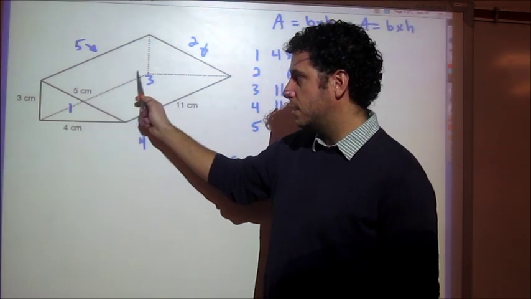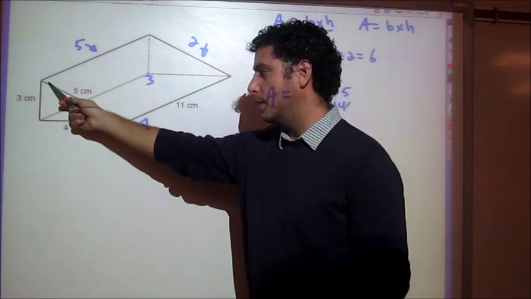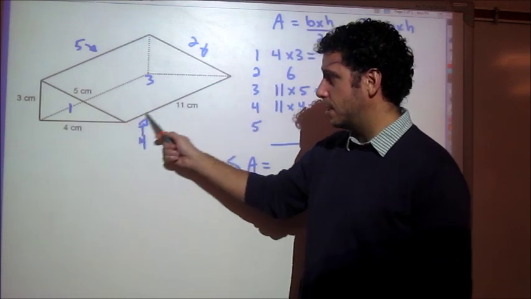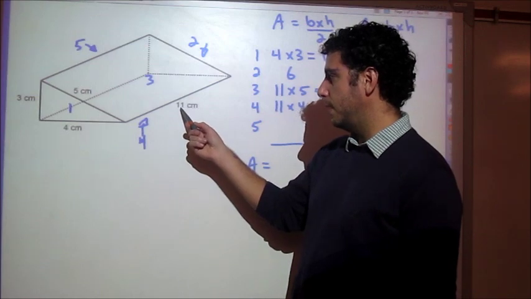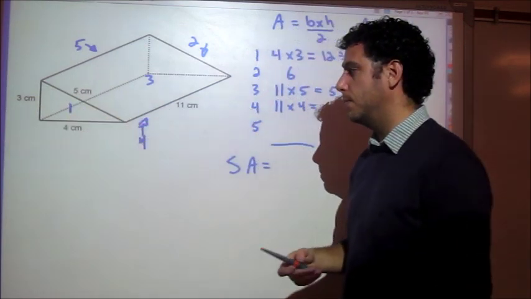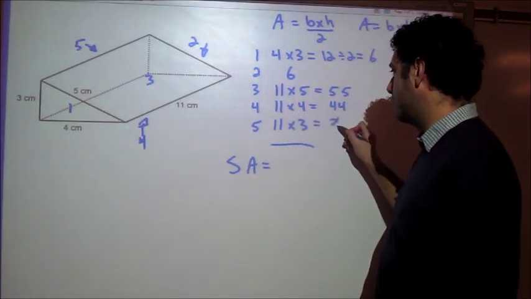This 5 looks like it's labeling this length, but it's not. That's labeling this diagonal length. So this length in the back here is actually 11 centimeters long. Be really careful there not to choose the wrong numbers. So that would be 11, and the height of that face would be 3. So 11 times 3, and that is 33.